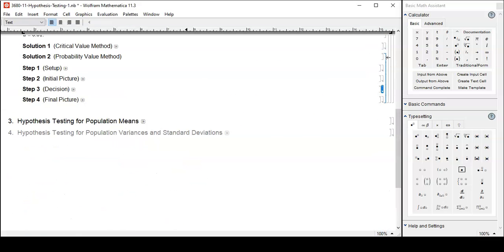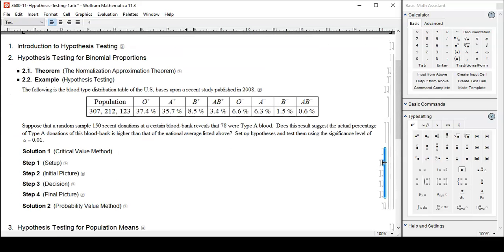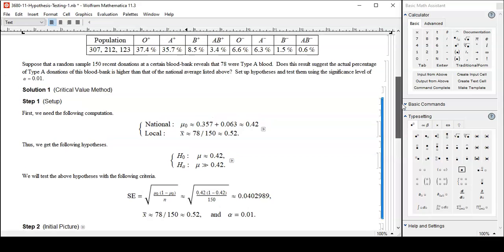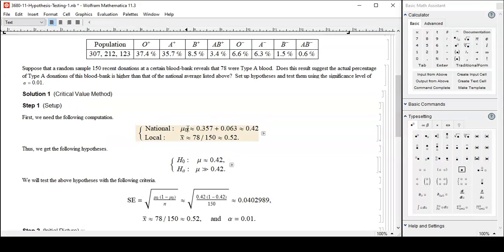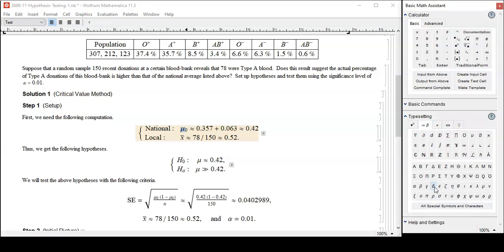By the way, here I used the same mu, but some people are really keen on selection of characters. Mu is for mean, and this is proportion, so we have to use Greek letter associated with proportion, which is pi. And then this is absolute proportion, not x. It should be p bar.